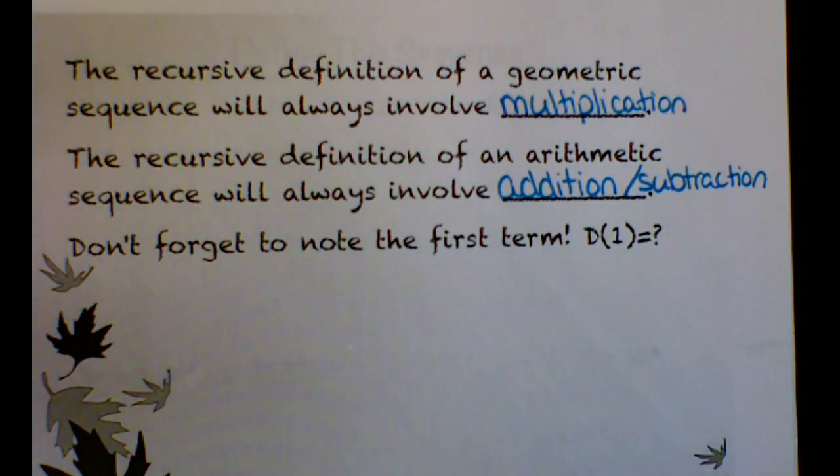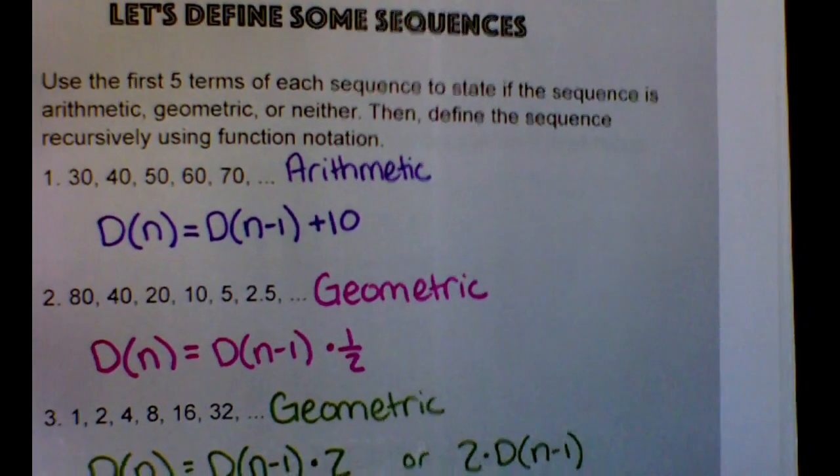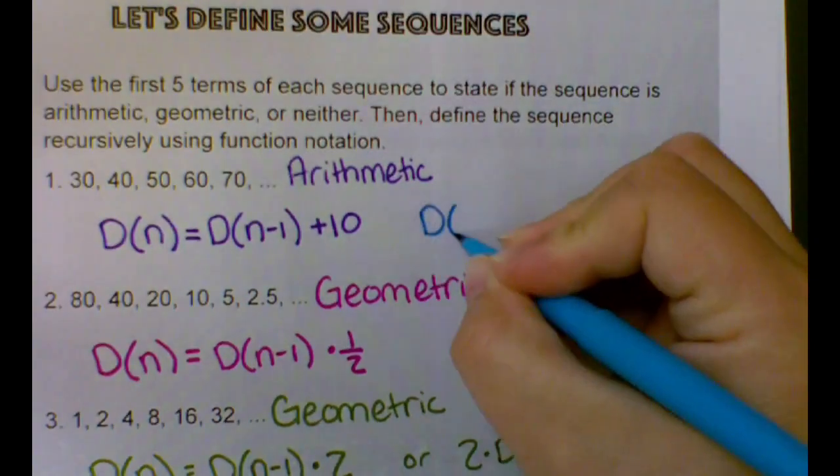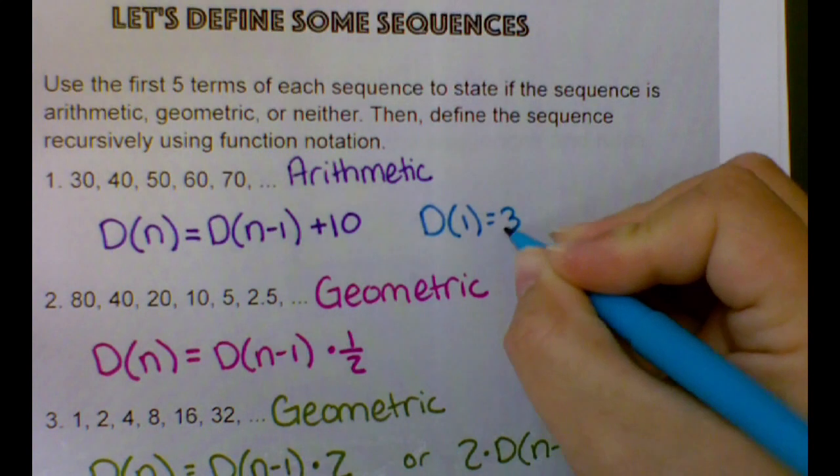And another very, very important thing will be to always note the first term. D of 1 equals what? We talked about this when we talked about sequences at the very beginning. You always have to give what the first term is. So really on all of these that we just did, we should go back in and say, all right, the first one, d of 1 was 30.